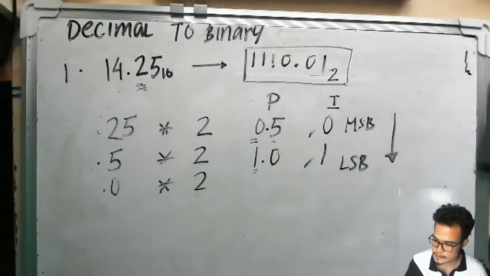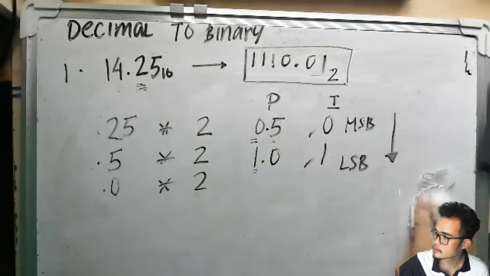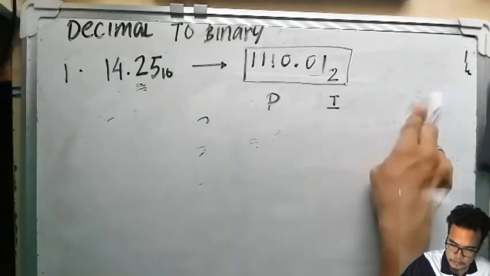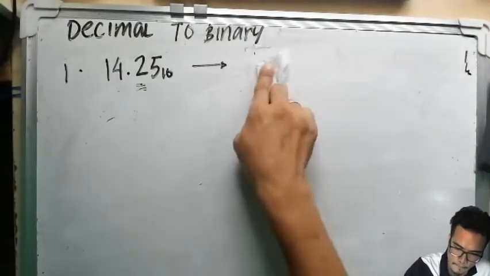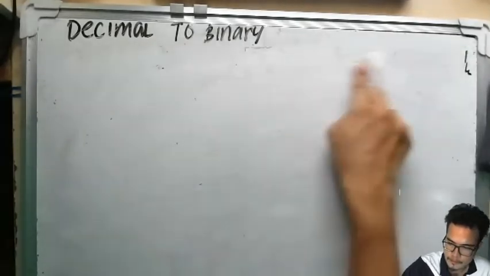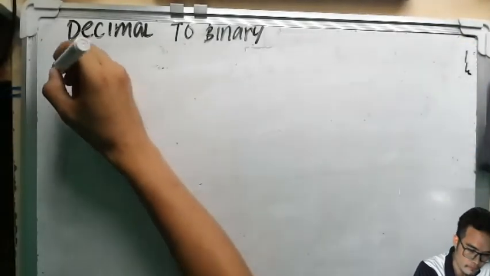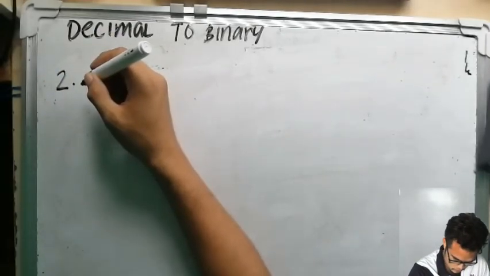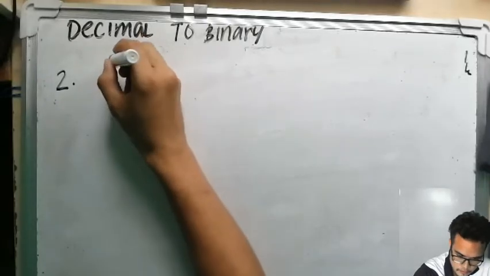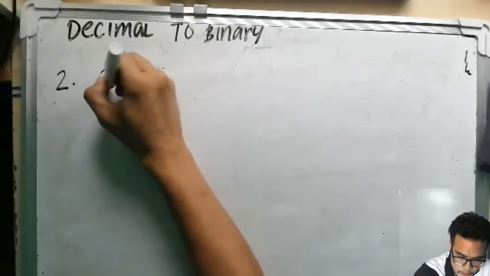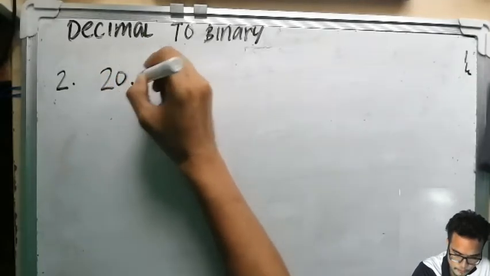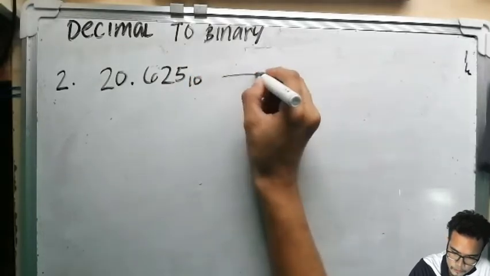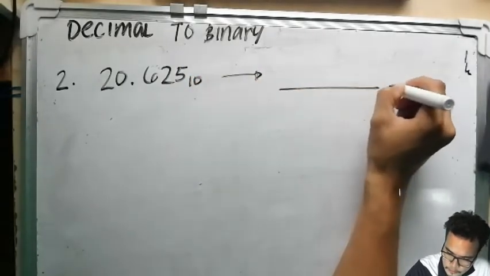That's it. So next example. We're going to erase this. Example number 2: 20.625 decimal to binary equivalent.